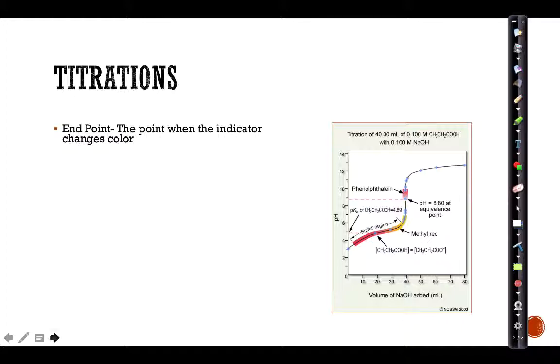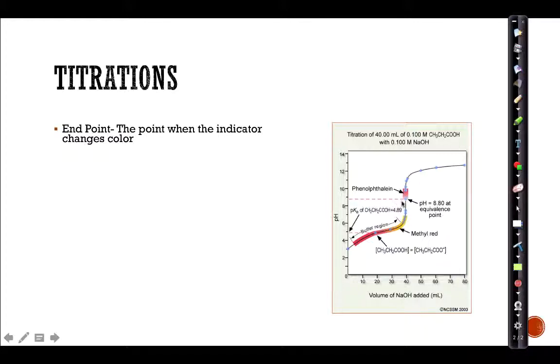The equivalence point is where the moles of the, in this case, I'm adding a base to an acid. So the equivalence point will be when I have added an equal number of moles of the base to the acid.